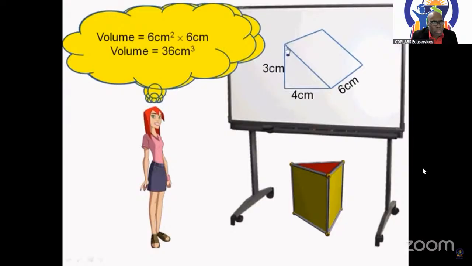Now note, if this was a cuboid itself, then the base would have been 12 square centimeters, and then the height would be 6, so 6 times 12 would have given us 72 cubic centimeters, and half of that would have given us our 36 cubic centimeters. So you notice then that a triangular based prism is half the cuboid. Very good.